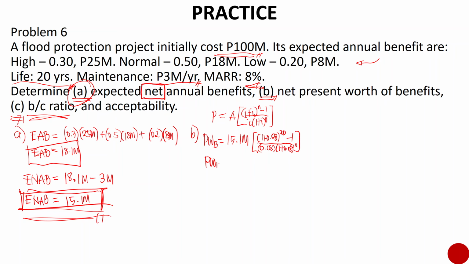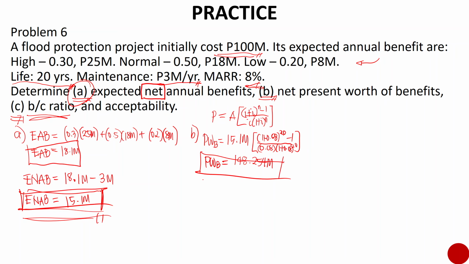So our present worth of benefits is 15.1 million times the factor. Our present worth is equal to 148.254 million pesos.